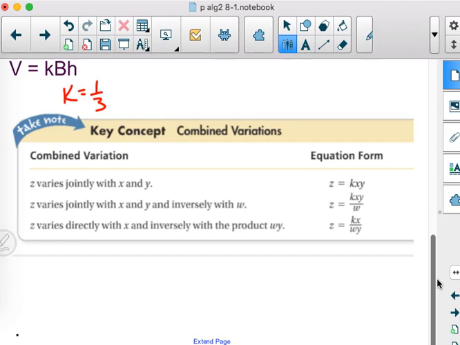So I'm going to ignore this stuff over here for a second and read it and find out what it says. Z varies. Okay, well, right there, Z varies tells me it's going to be Z equals some constant of variation. I don't know what yet, but we'll get there. Z varies jointly. Well, that's not inversely, so that's multiplication. Multiplied by X and Y.